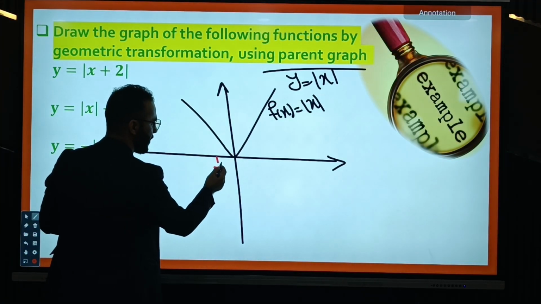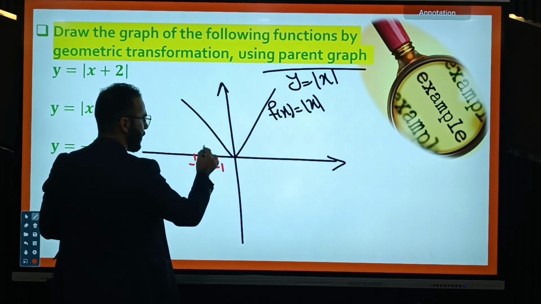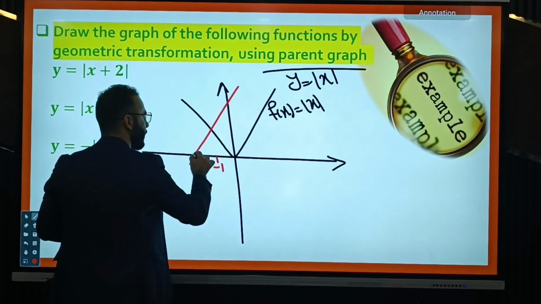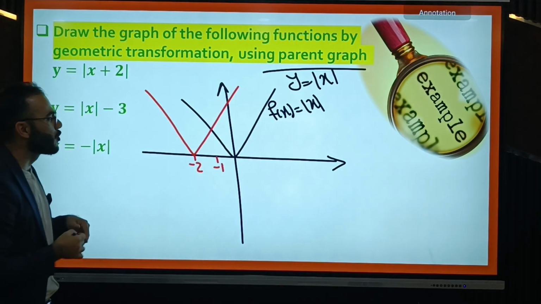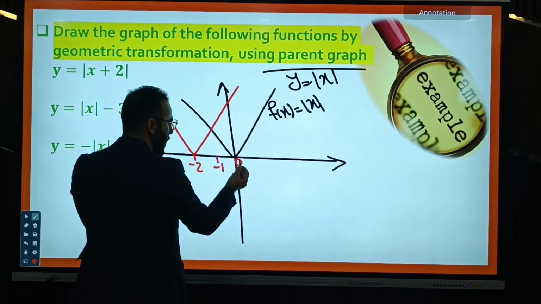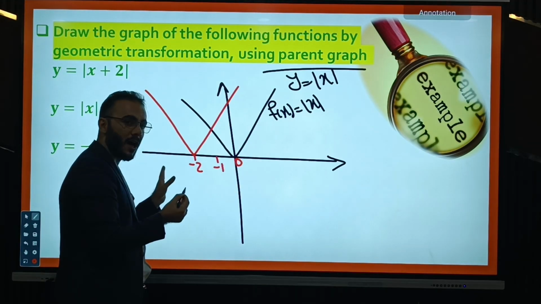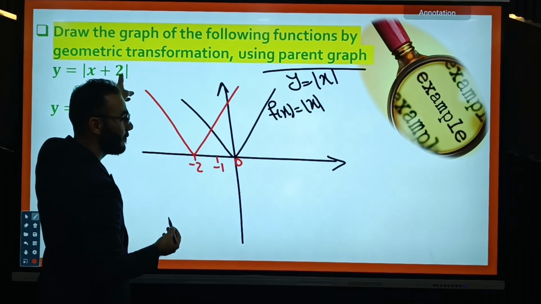Here is negative 1 and here is negative 2, so our function would come to here. From 0, it came to the left side for 2 units.